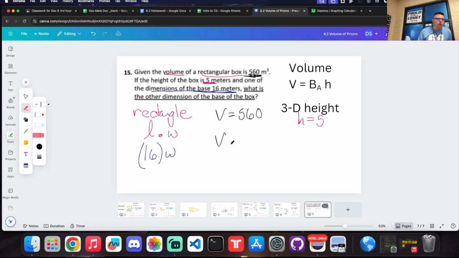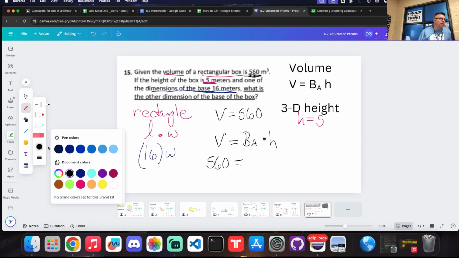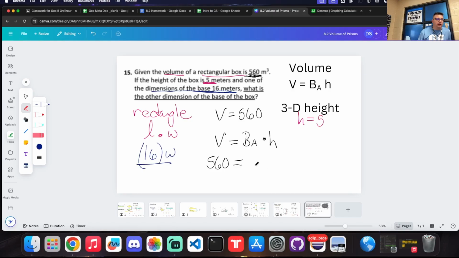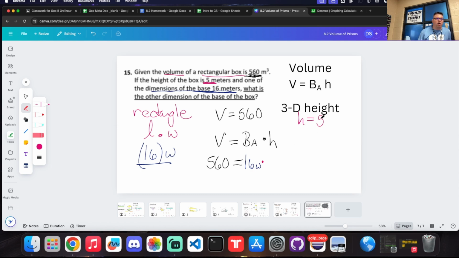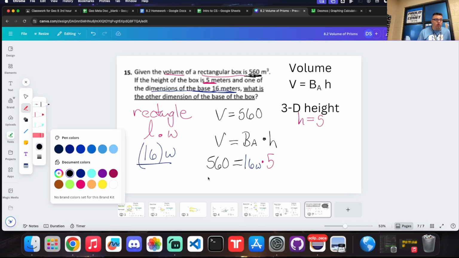Now, we know volume equals base area times the three-dimensional height. Our volume is 560. Our base area, go back here, is 16W. Times it by our three-dimensional height, which is 5. And now you can just solve for the variable.